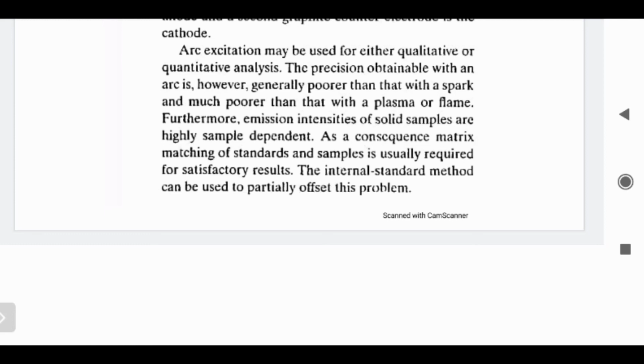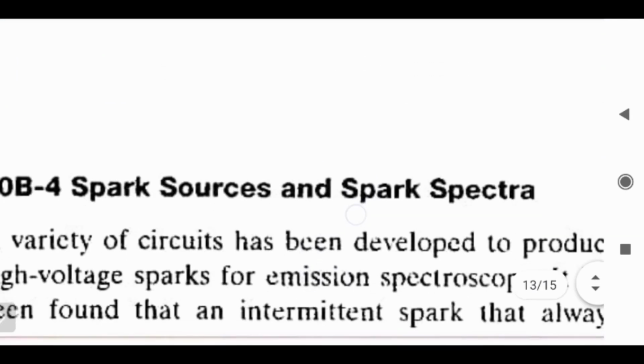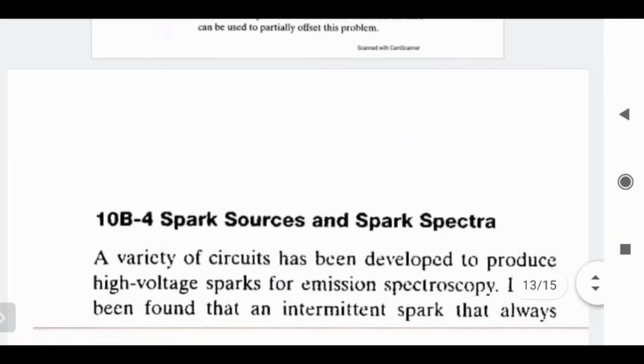All of these limitations can be partly reduced by using the internal standard method. Okay, so in the next lecture we will see the next type of source, that is the spark sources.